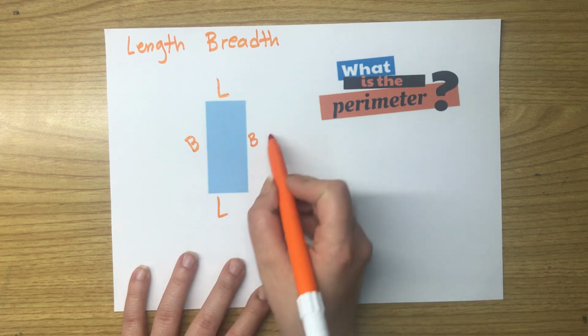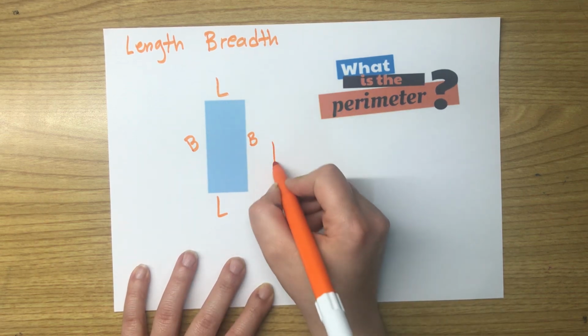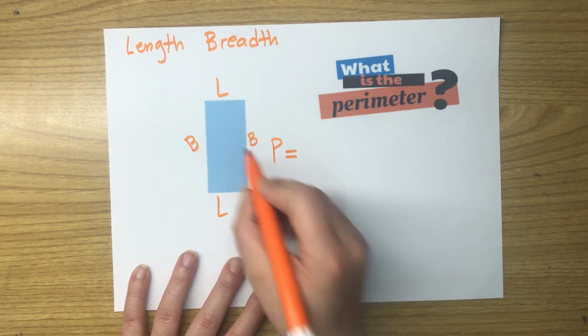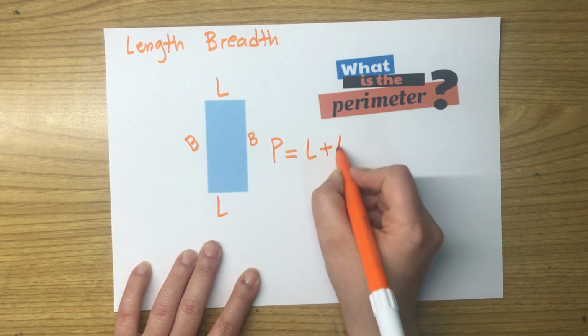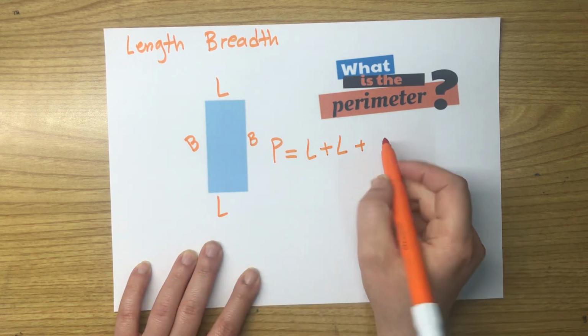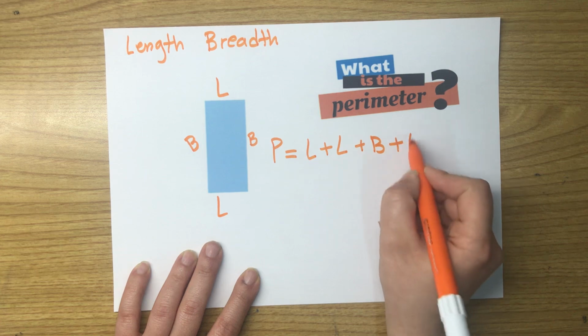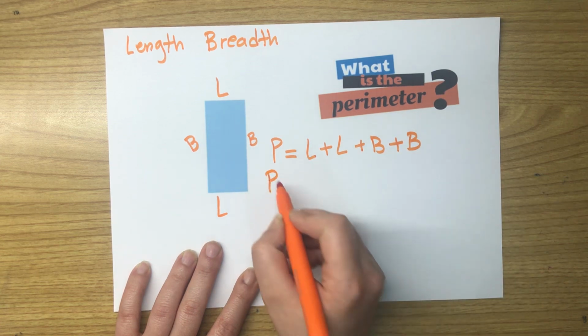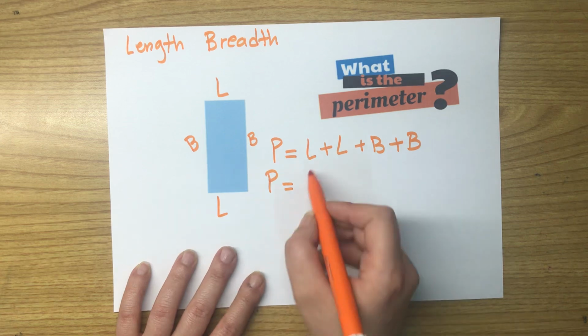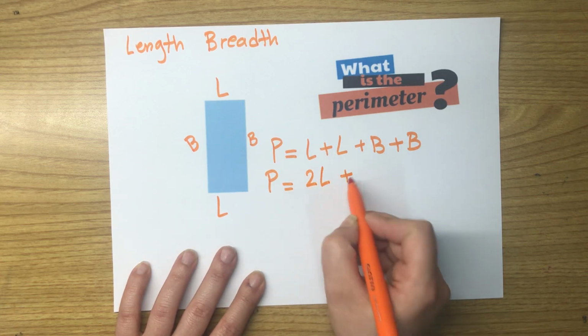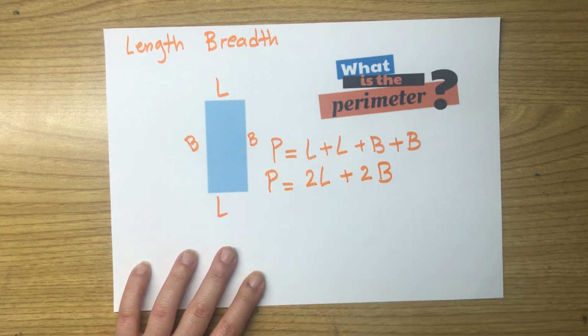So the perimeter is going to be 2 of L plus 2 of B. Then the perimeter of a rectangle is going to be 2L plus 2B.